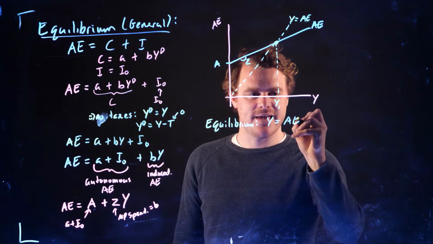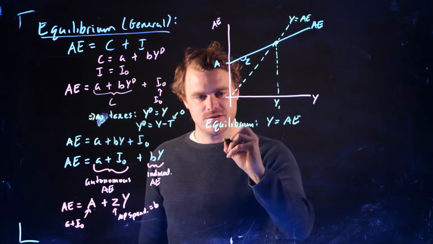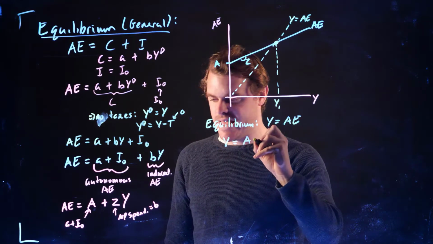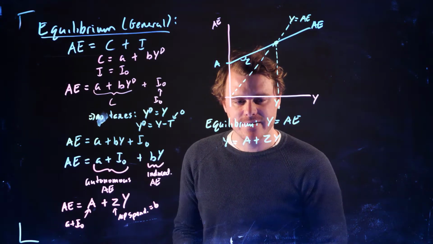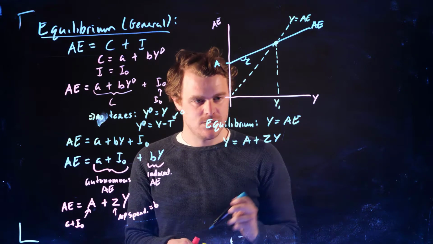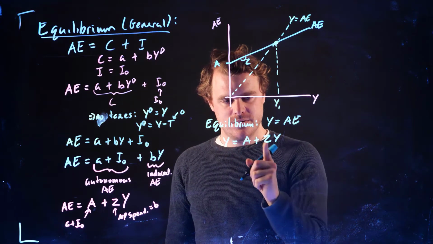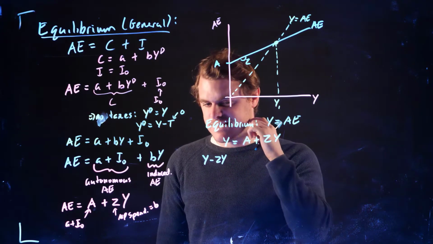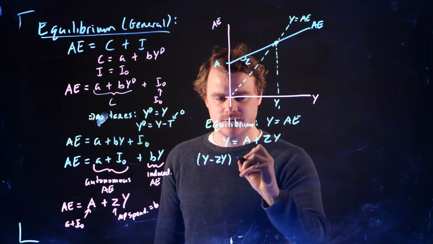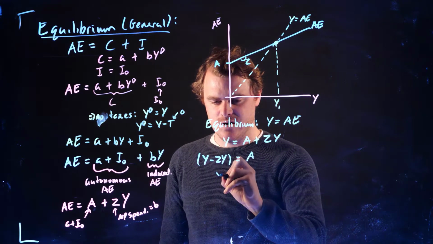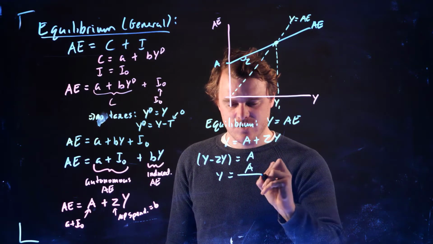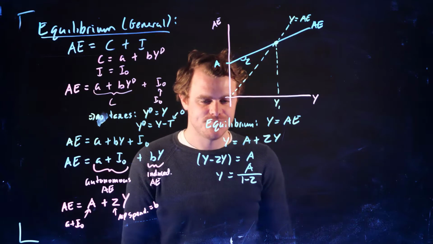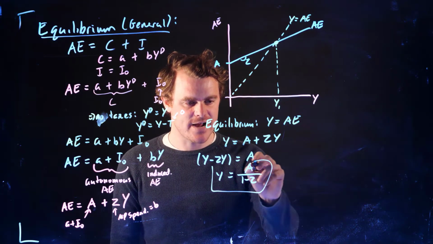Y equals AE, which means Y equals A plus Z times Y. Now we're just solving for Y minus ZY, where Z is between 0 and 1, equals A, or Y equals A over 1 minus Z. Well, here is our equilibrium.